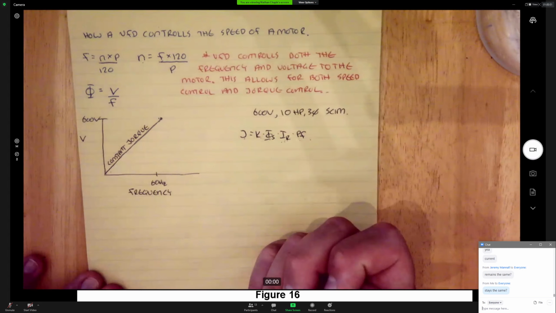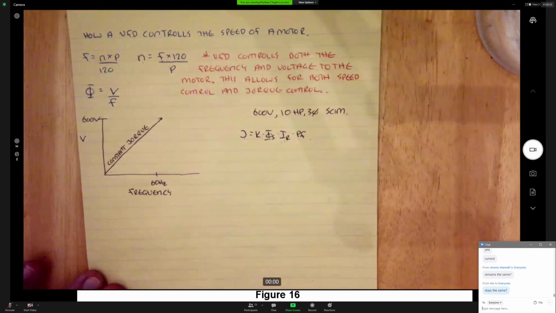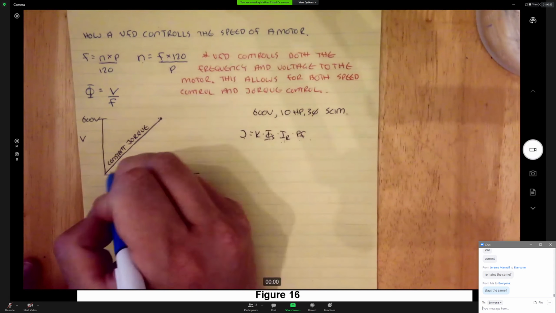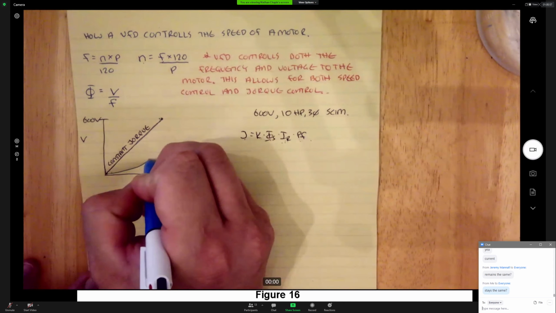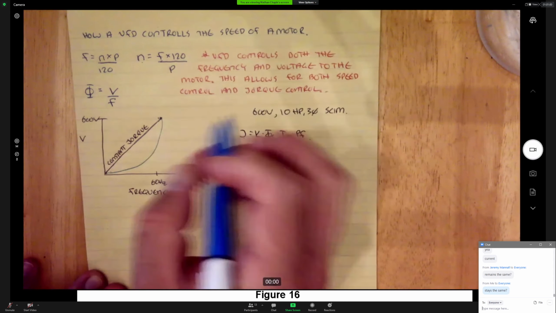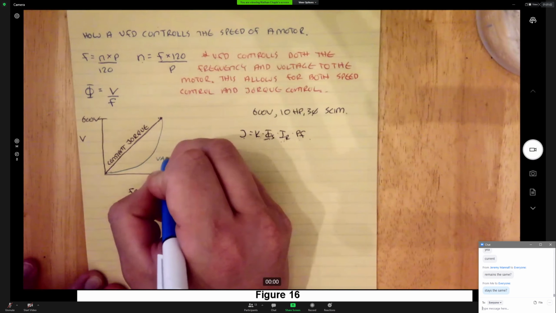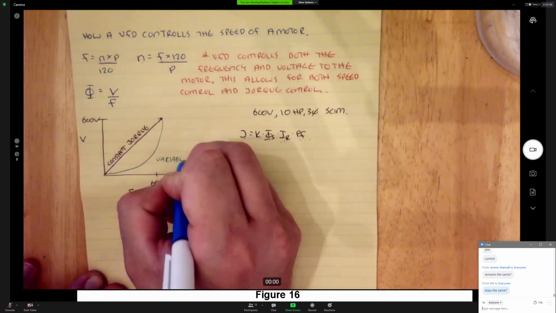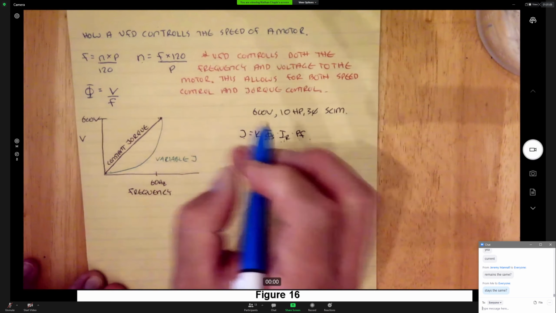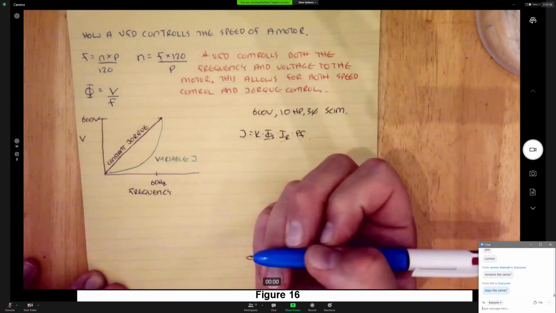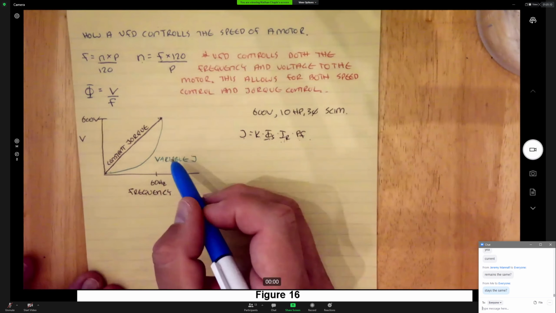So that's constant torque. Now let's take a look at something called variable torque. So this right here we'll call variable torque. The application for this is pumps and fans.